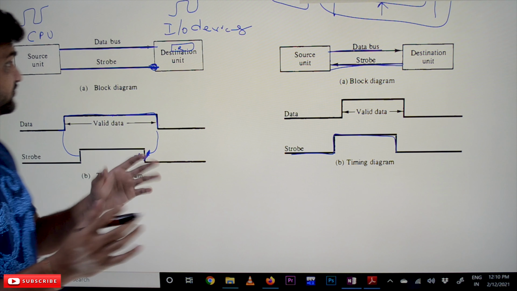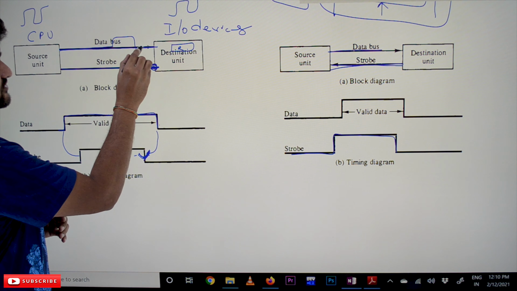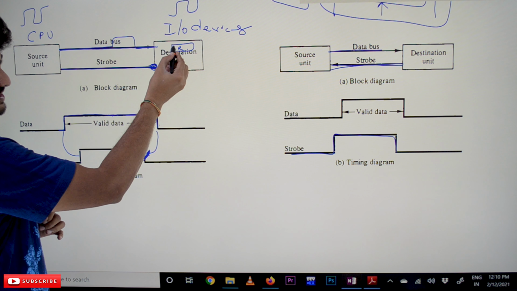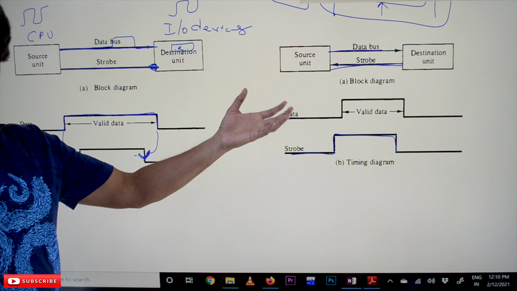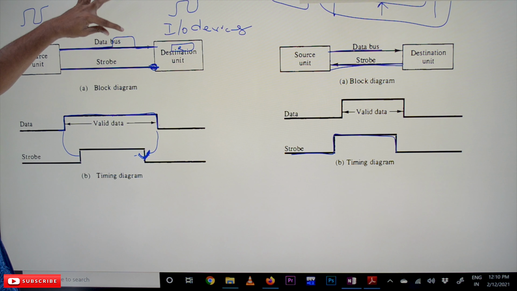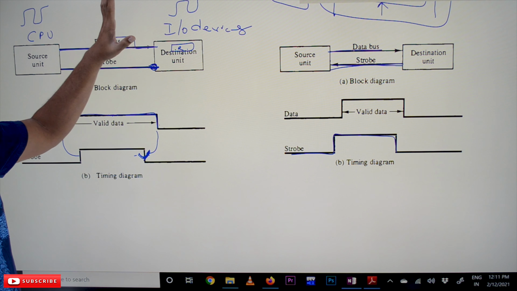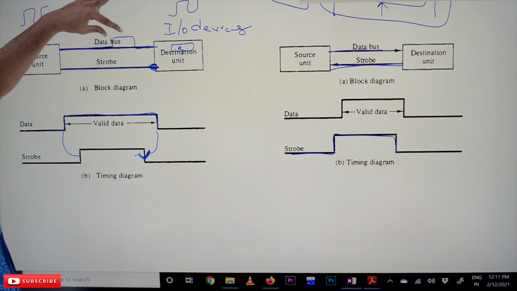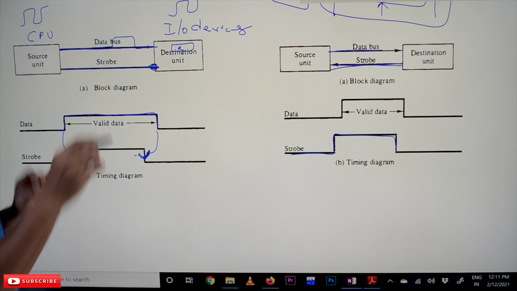No, it is not. For example, if the data is being transferred and the destination is busy processing some work and does not care about this data, the data is vanished from the destination unit. But the source does not know that.